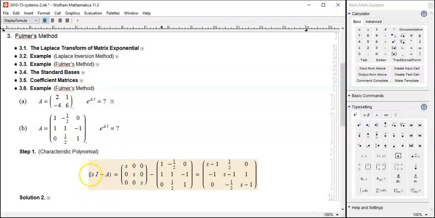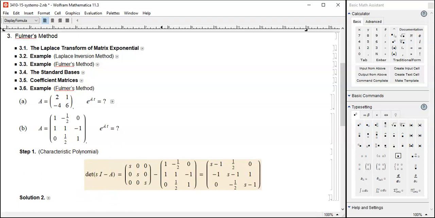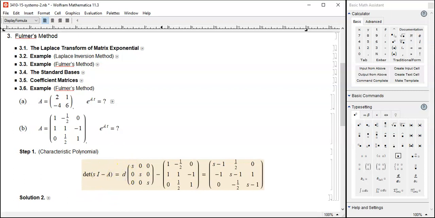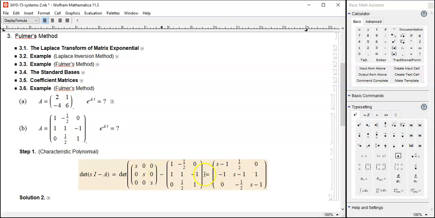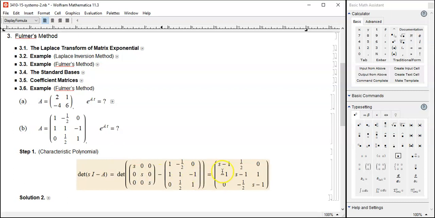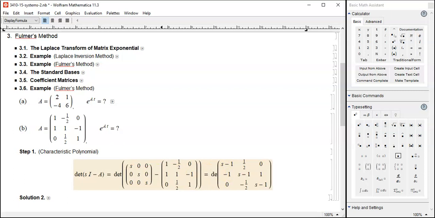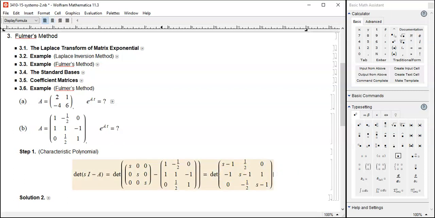Now let's take the determinant of this. Now, how do you find the determinant of a 3x3 matrix? One way to do that is to use this method.